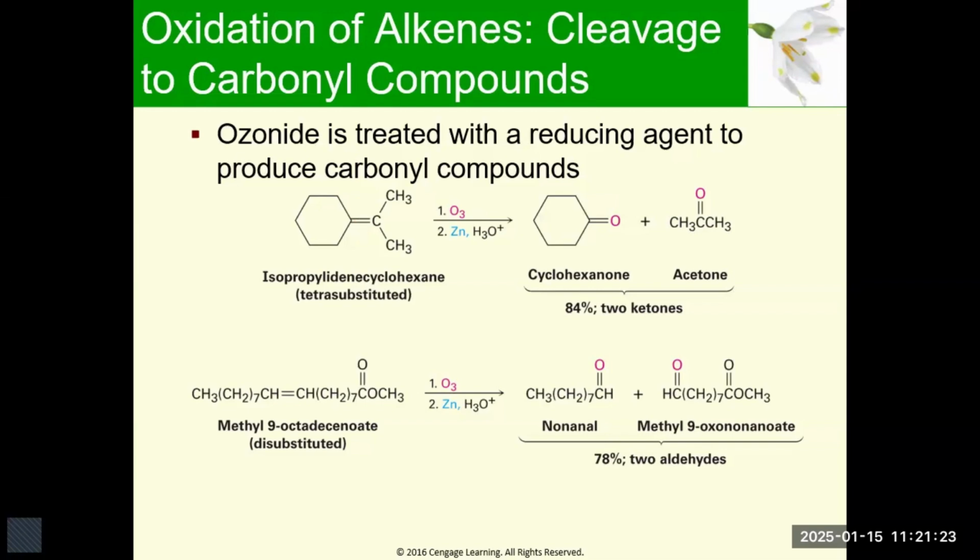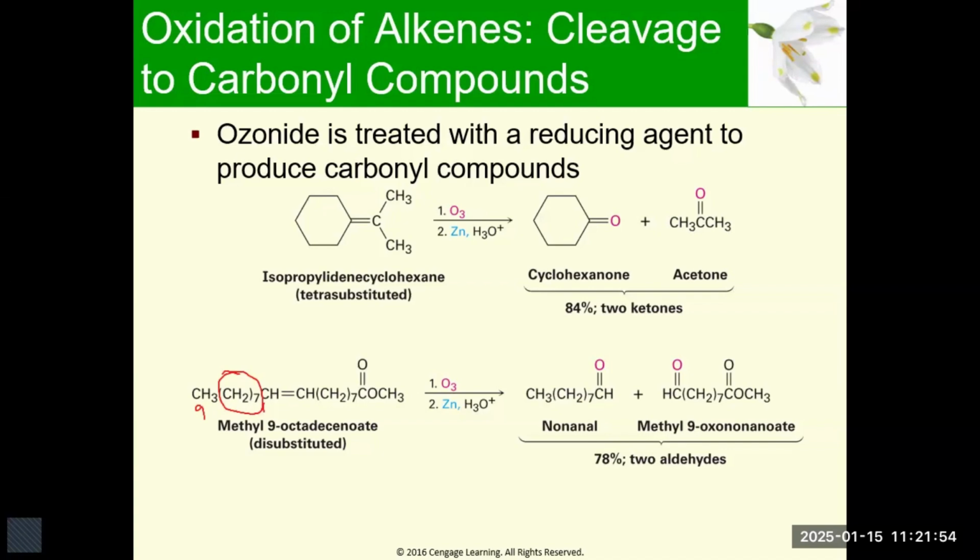So now let's look here. We have our double bond here. And so if I was to count my carbons, I have the 1 here, and then my 7 CH2s, and then I have my 9th carbon there, because 1, 2, 3, 4, 5, 6, 7, 8, and then the 9th one there.